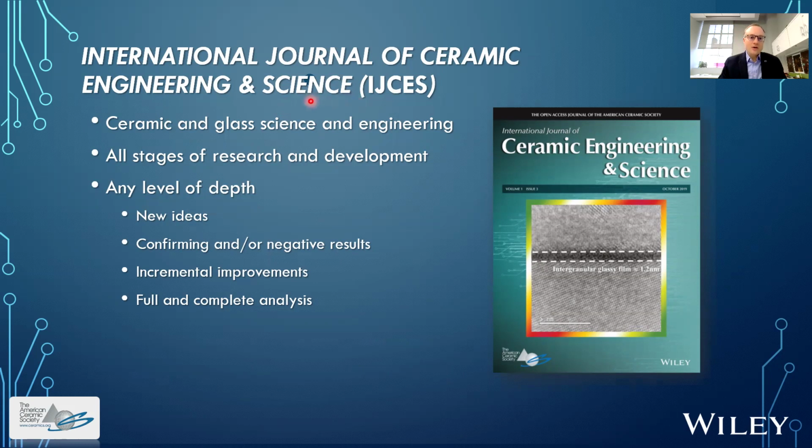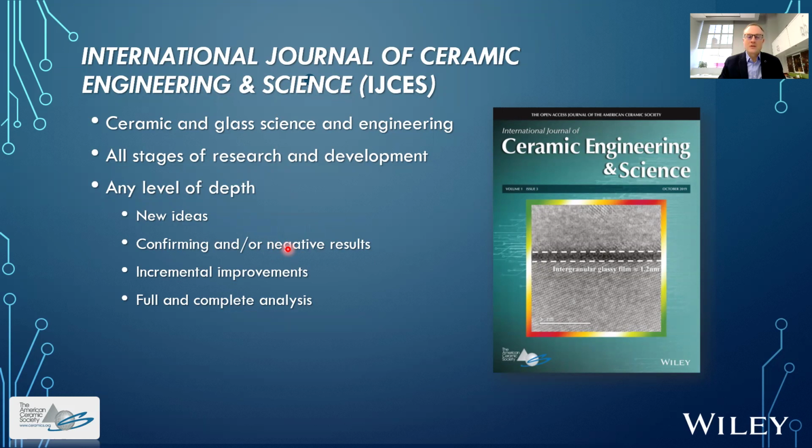The scope of IJCES is very broad. This covers all of ceramic and glass science and engineering and all stages of research and development and any level of depth. This can include new ideas. It can include confirming and or negative results. And I want to emphasize this negative results part too, because there is a tendency for authors not to publish negative results.